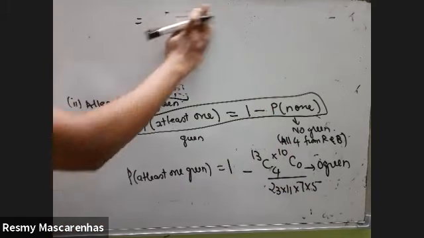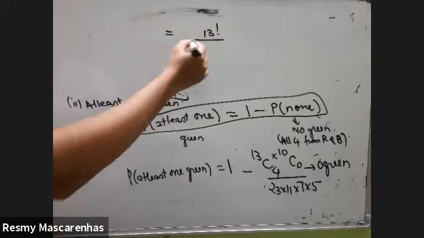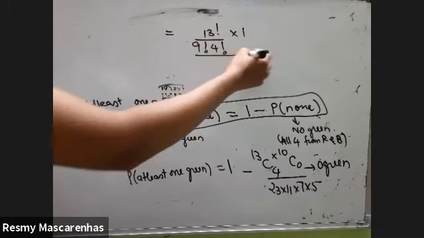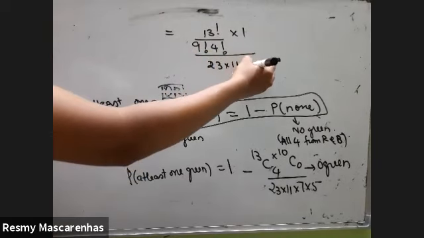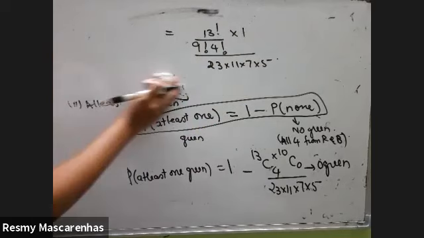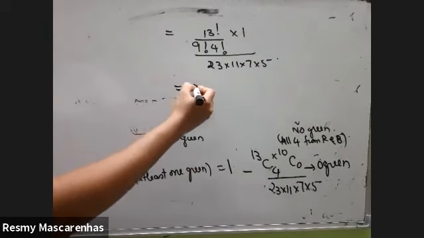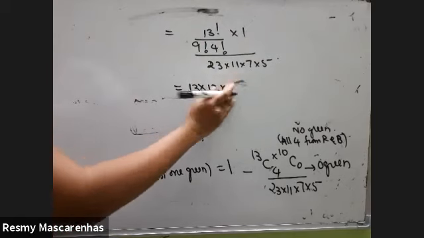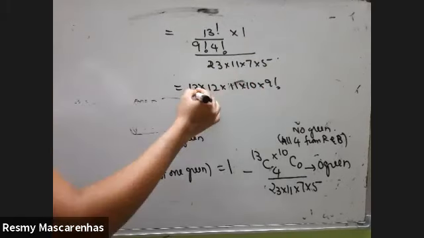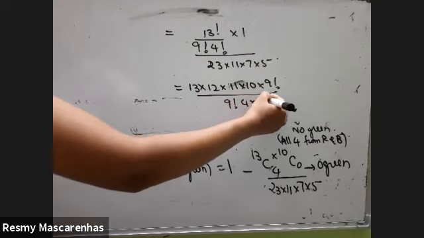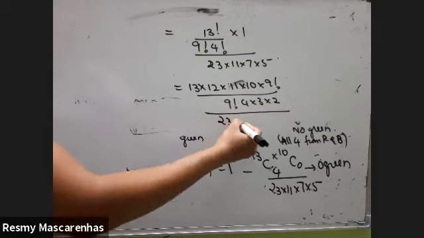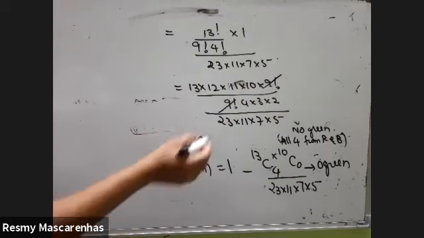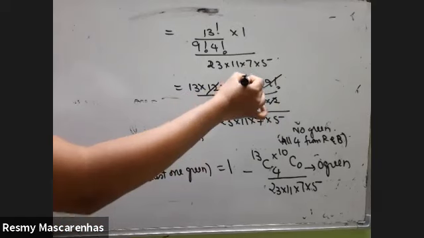So 13 factorial, then 11, 10 and then 9 factorial, then cancel. 2 5s.